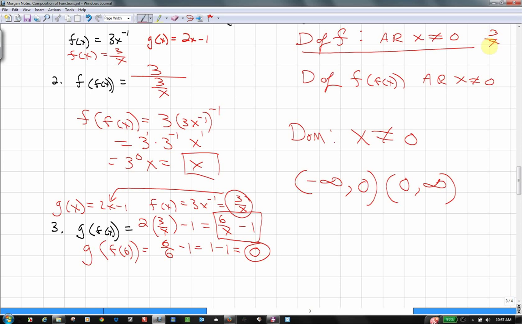We couldn't have 0 as a denominator. And after I put f into g, I still have x as a denominator, so the domain of f substituted into g would also be all real numbers where x is not equal to 0. So the intersection of those would be all real numbers where x is not equal to 0.